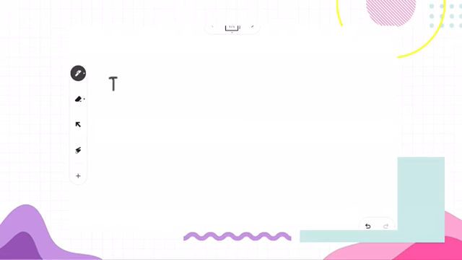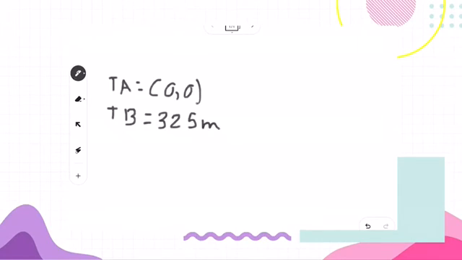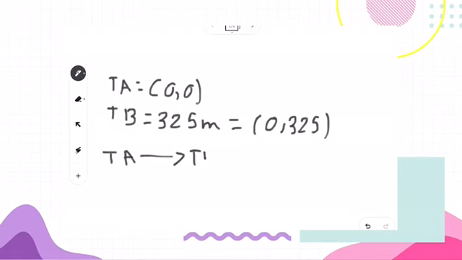First, begin with the starting position of the trains, the y-intercepts. Train A starts at the origin, 0, 0. Since train B is 325 miles away from train A, initially its position is 0, 325. Train A is traveling towards train B, which has a greater y value.